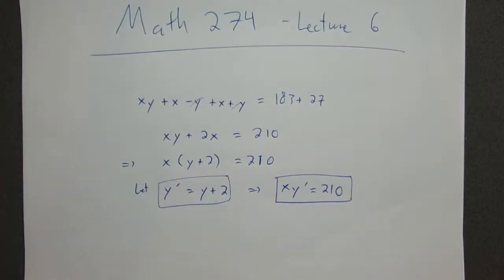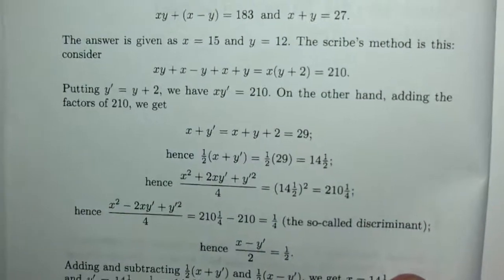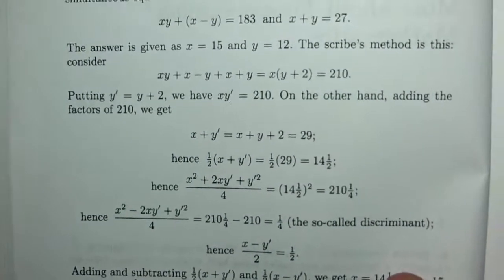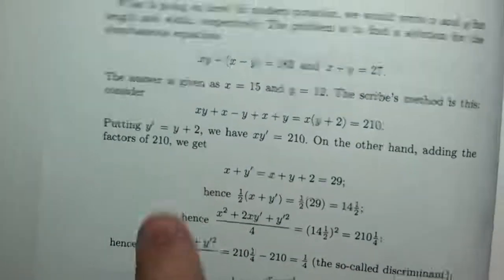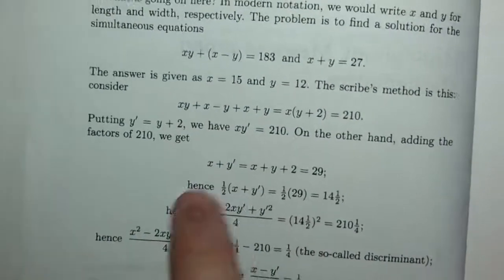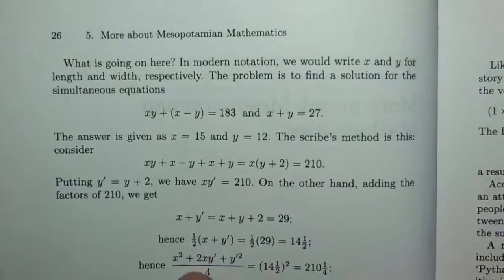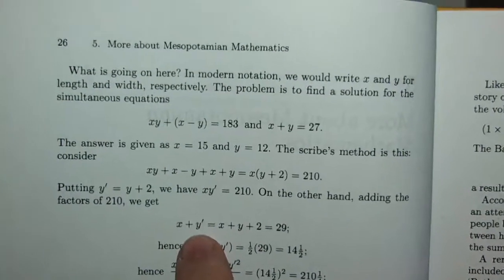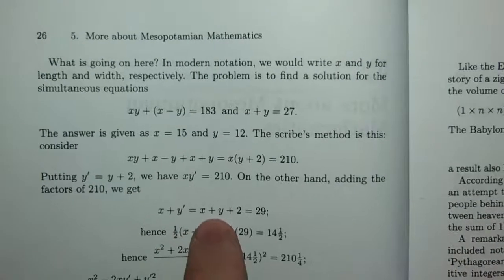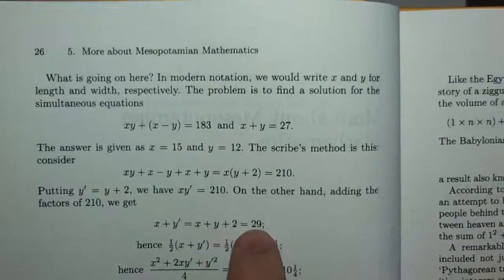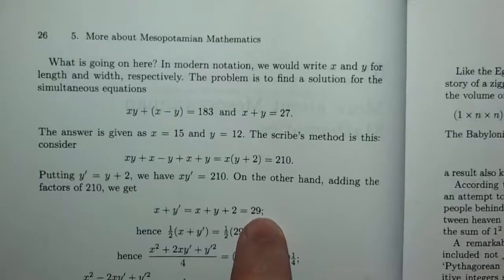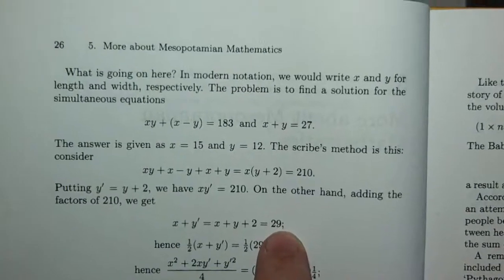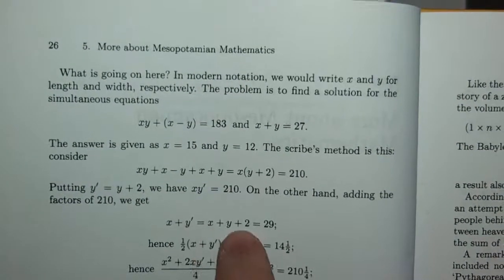Okay, going back to our description of what the scribe is doing. So, on the other hand, adding the factors of 210, what do you get? Well, here you would get x plus y prime, which is x plus y plus 2, and that has to be equal to 29. And why does that have to be equal to 29?